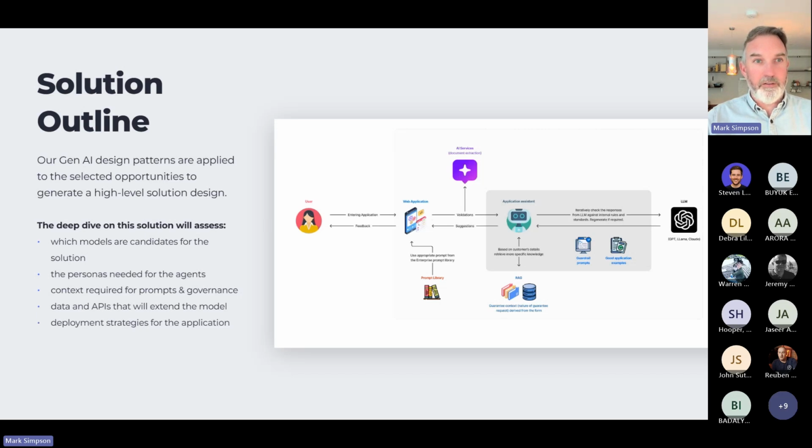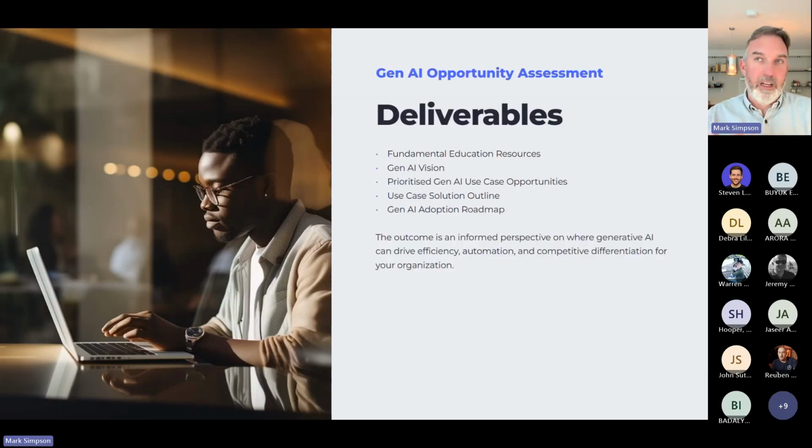So the deliverables out of this assessment we do really is you'll get the education resources about what this design means, what the implications are of letting your staff use ChatGPT or any other model, what the implications are of building it into your customer-facing solutions.